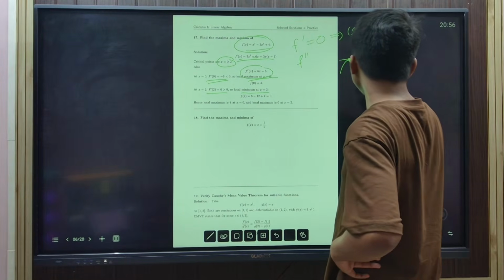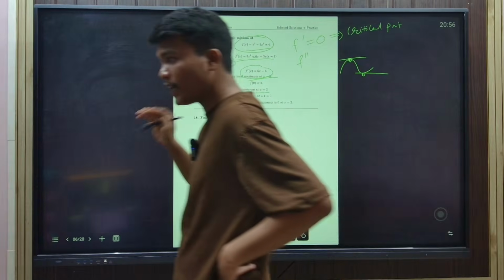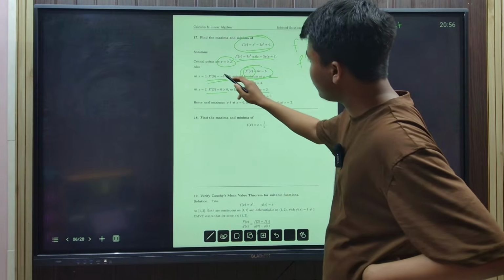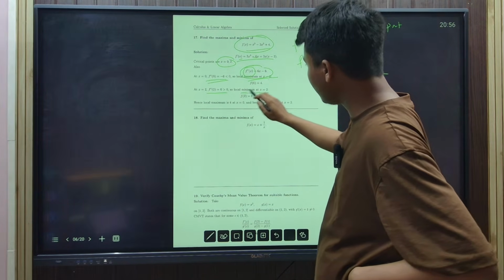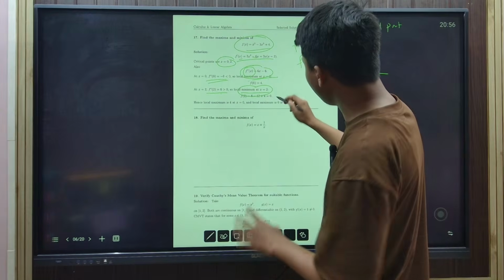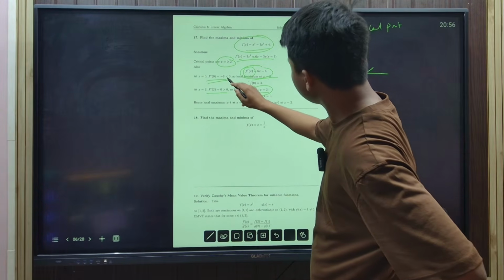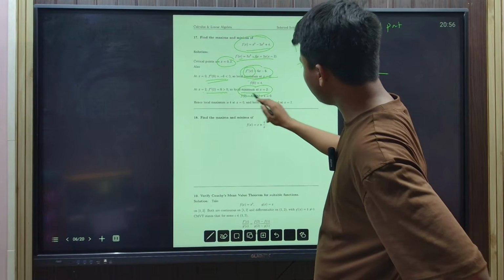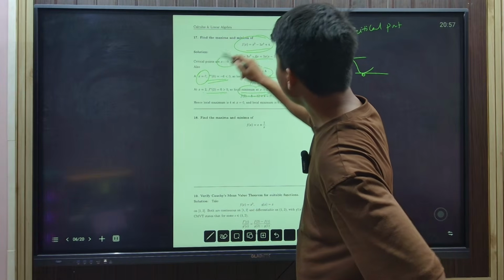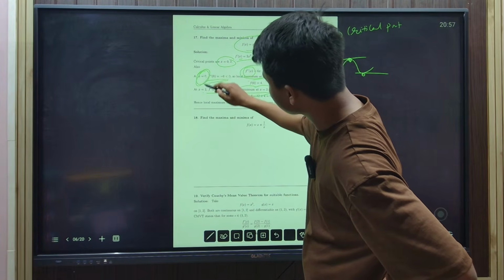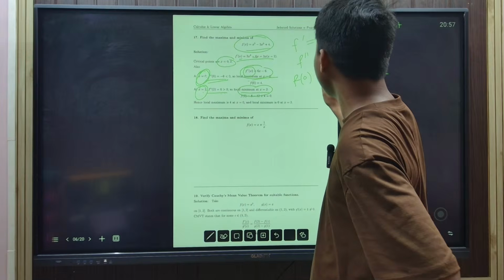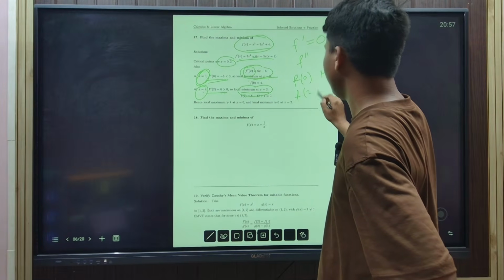Derivative 0 means the tangent is parallel to the x axis, right? Now for the second derivative test: if the second derivative is less than 0 it is a maximum, if greater than 0 it is a minimum. At point 0 it is less than 0, so it is a maximum, and at point 2 it is greater than 0, so it is a minimum. Now find the minimum and maximum values: f of 0 is maximum and f of 2 is minimum.